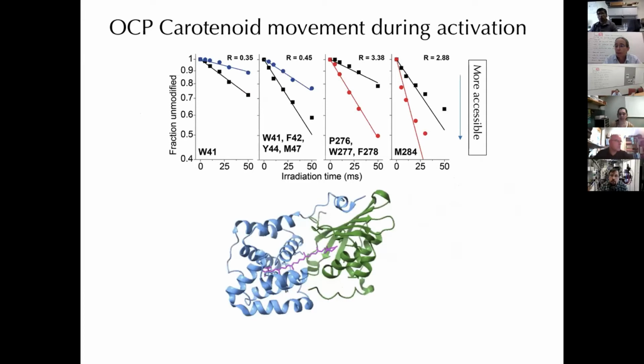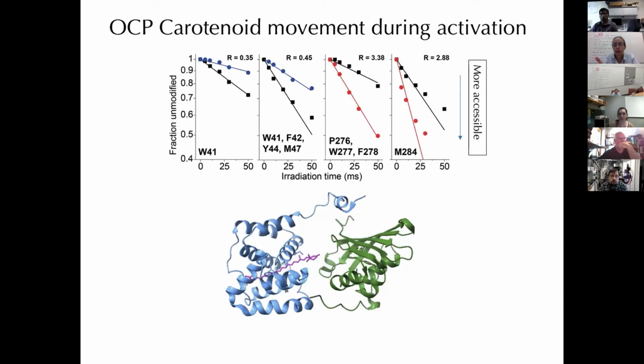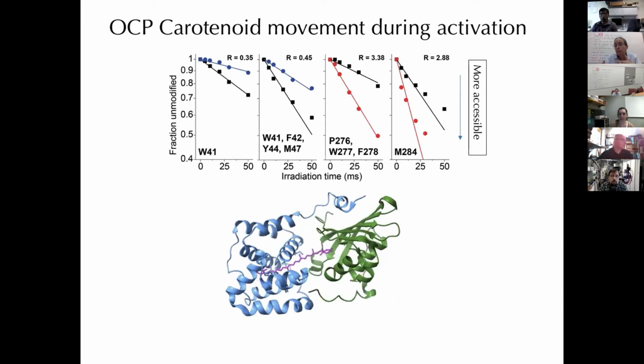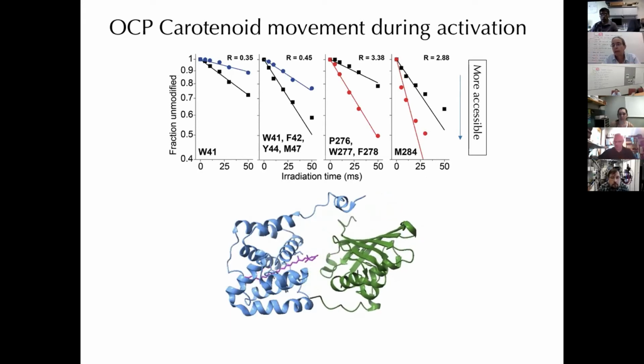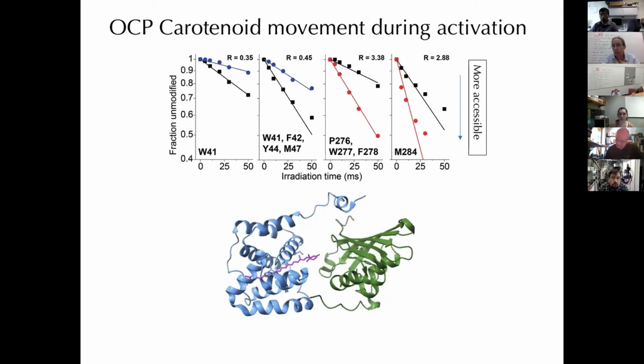And then if we looked more closely at the residues that are lining that carotenoid pocket in the protein, again, some residues became more protected and some became less protected as a function of activation of the protein. And the pattern was consistent with the domains coming apart and the carotenoid moving completely into one of the domains. And then this was later corroborated with the crystal structure of just that one domain.